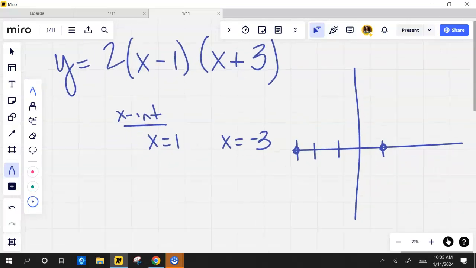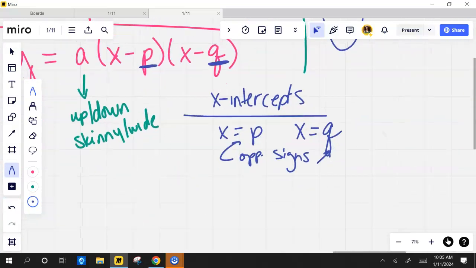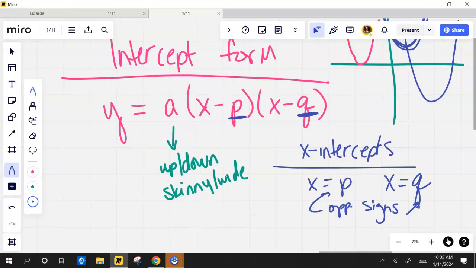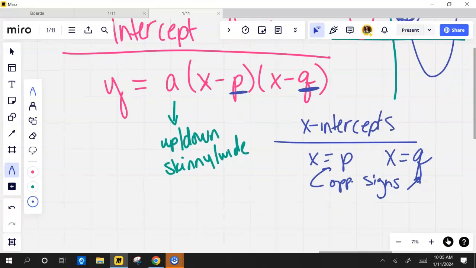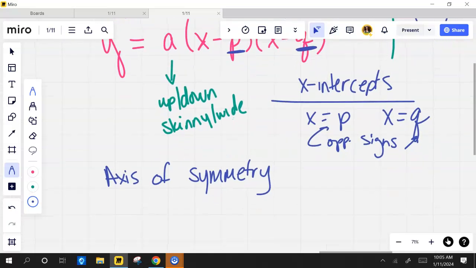So to find the middle, I'm going to go back to this general form right here. To find exactly in the middle, to find the axis of symmetry, I'm sorry if y'all like the notes all nice and neat and I'm jumping all over the place. I'm going to add both x-intercepts, and I'm going to divide by 2.